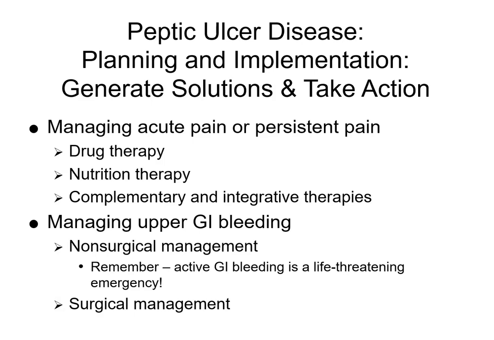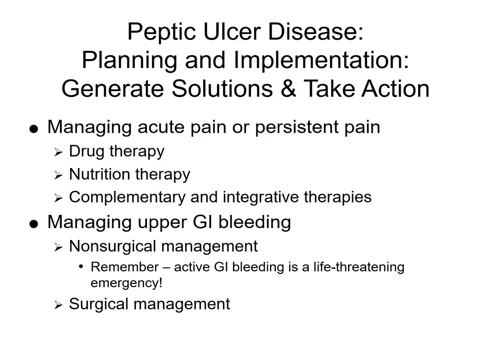And then you have to assess their coping style. Remember that stress can cause flare-ups in peptic ulcer disease. And then you make sure that the patient has a good understanding of their treatment regimen so that they will stay well.